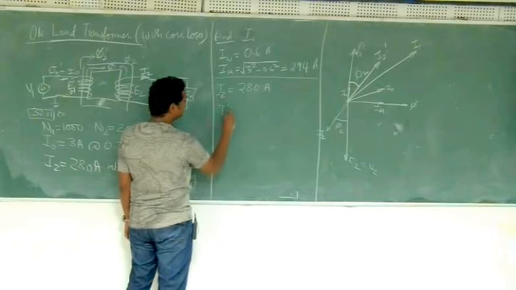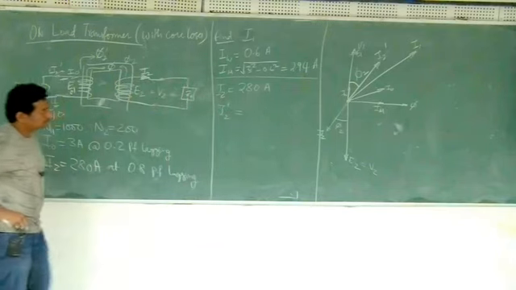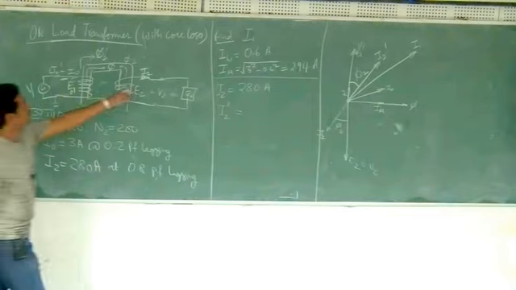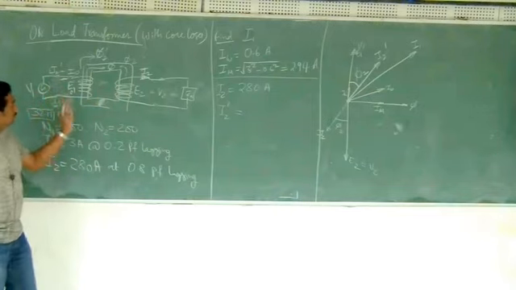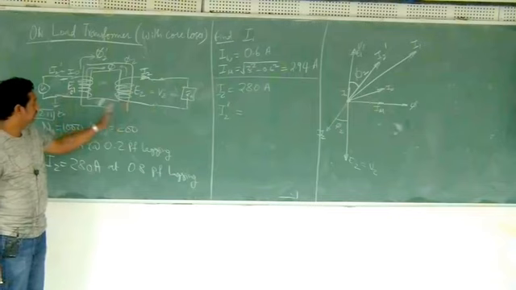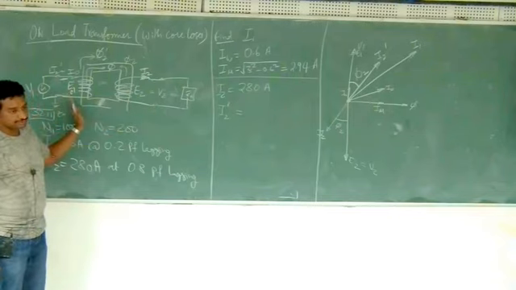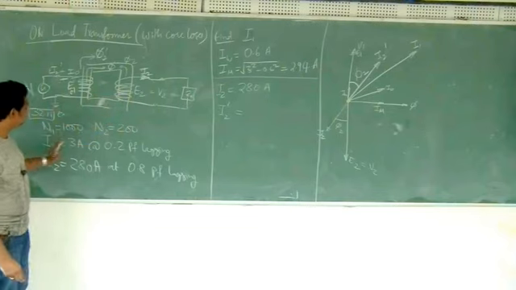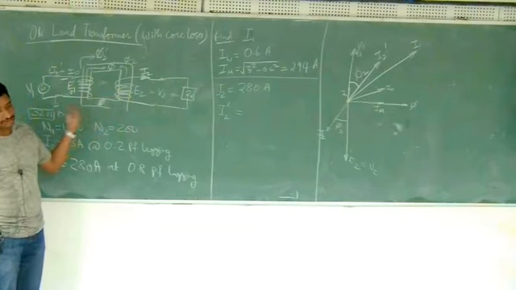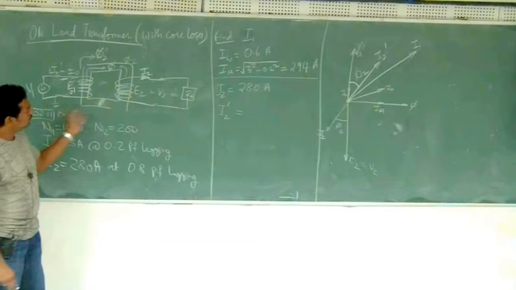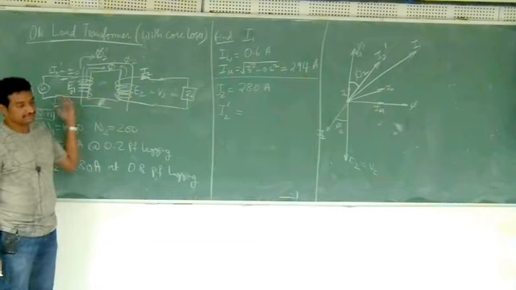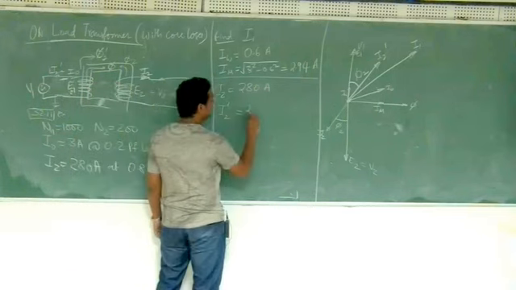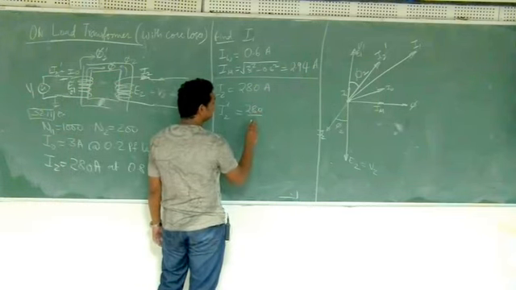What will be I2 dash? Because of this I2, some current I1 is coming. The voltage is step down, 1000 to 200, so the current will be step up. But then again I am coming from this side to this side, so the current will again reduce. So I have to take 280 divided by 5.